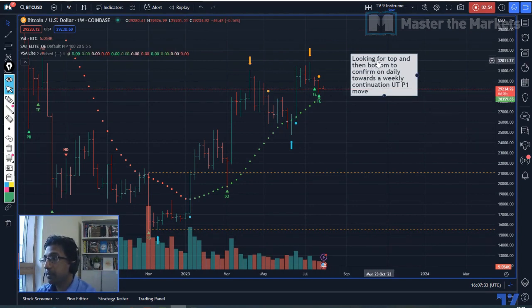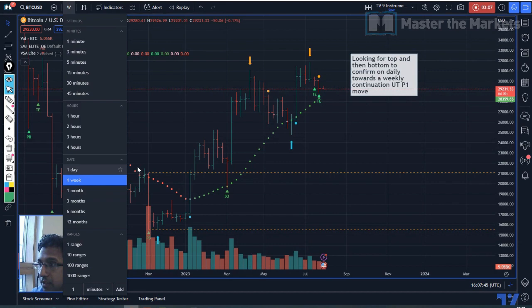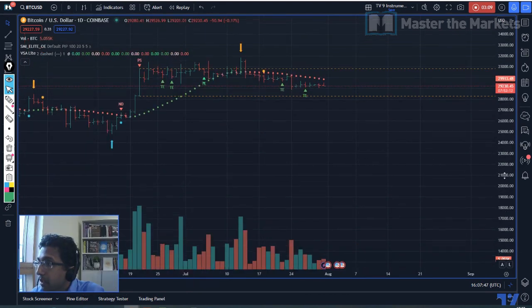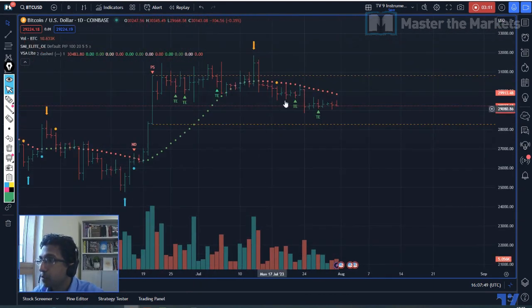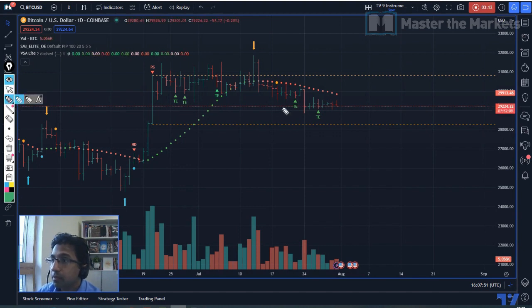So I just need to update this, because when we did this last week we were looking for a continuation move, but the bottom never confirmed on Bitcoin.